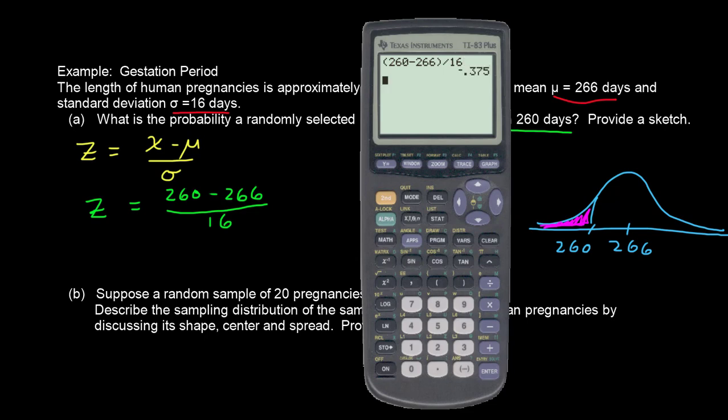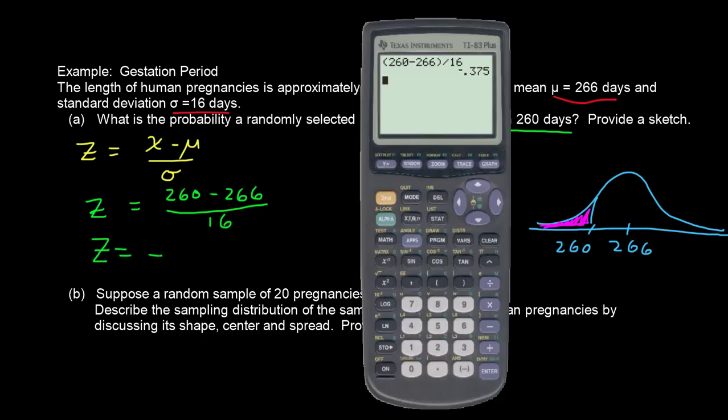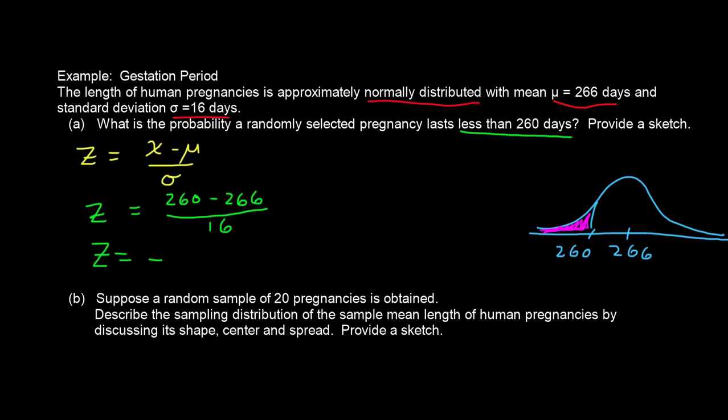So this provides us with a z-score of negative 0.375. Because the z table that we're using really only has 2 decimals worth of precision to the hundredths place, I'm going to round that to negative 0.38. So that's approximately.